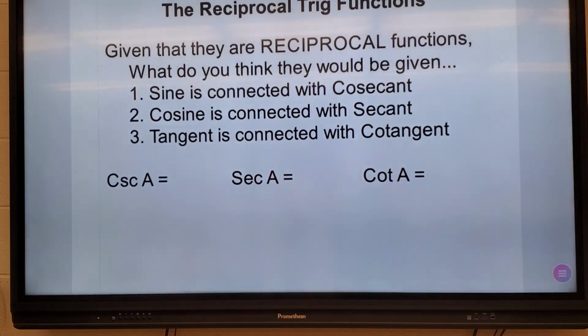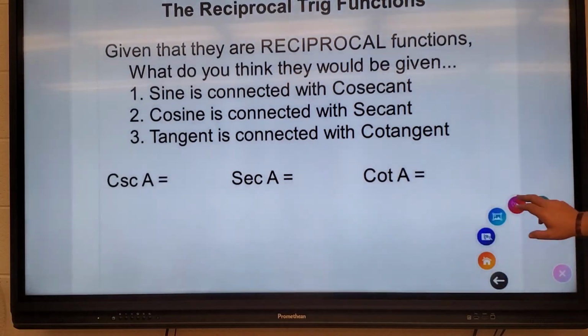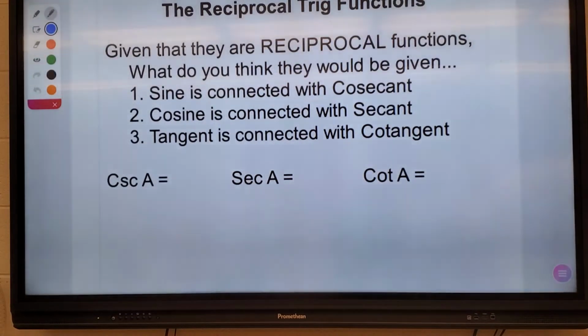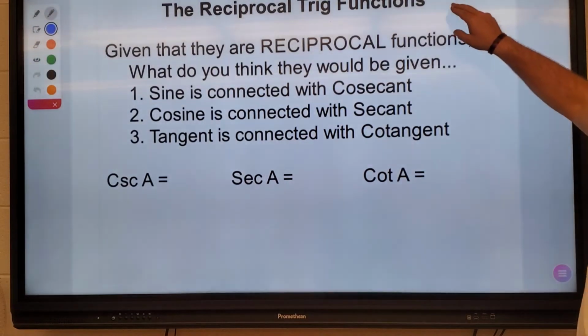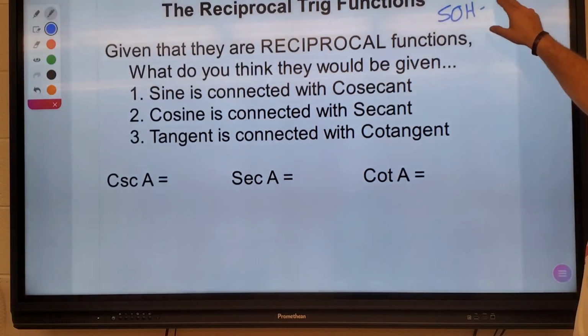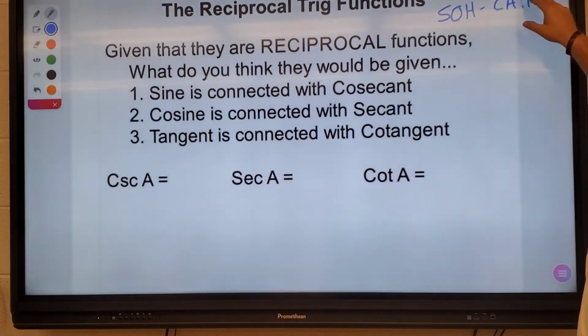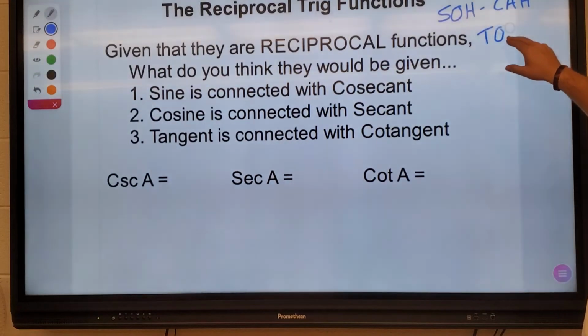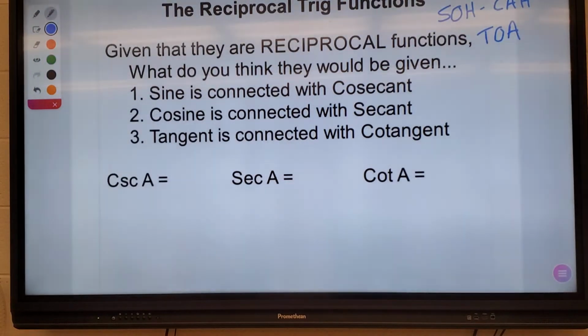Next page here, looking at the reciprocal functions now. Again, they are the reciprocal of sine, cosine, and tangent. So if you think back, and I rewrite up at the top here, SOH, CAH, TOA. And I think about cosecant as being the reciprocal of sine.